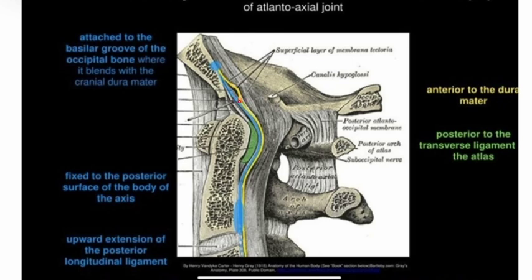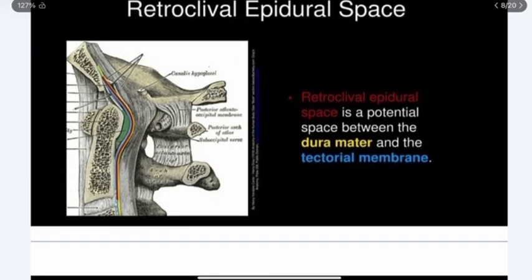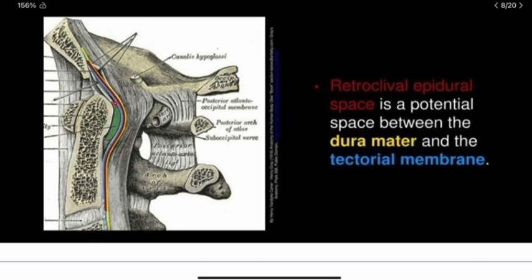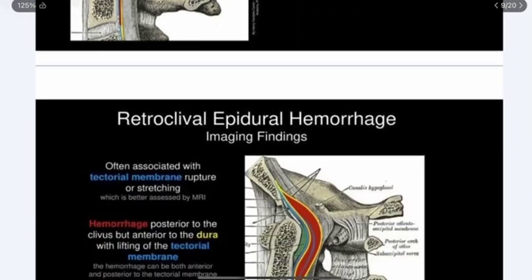The blue line represents the tectorial membrane and the yellow line represents the dura mater. Now, what is the retroclival epidural space? Basically, the red line here between the tectorial membrane and above the dura mater represents the retroclival epidural space.